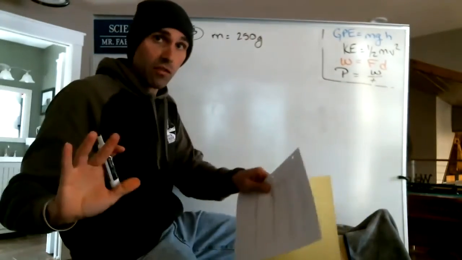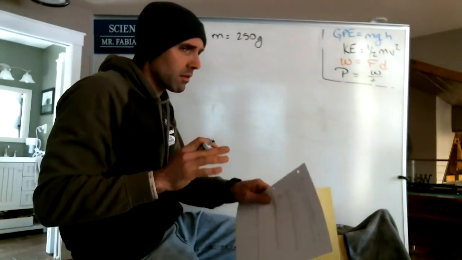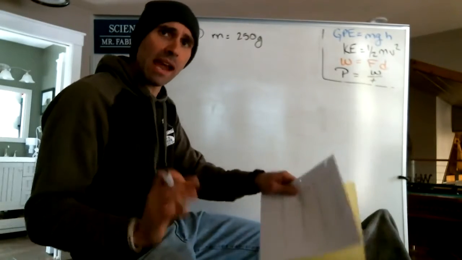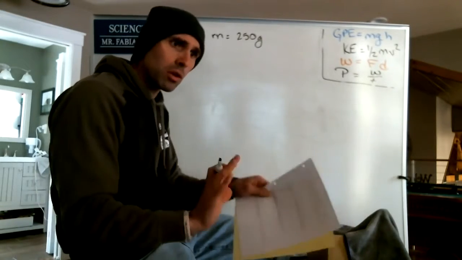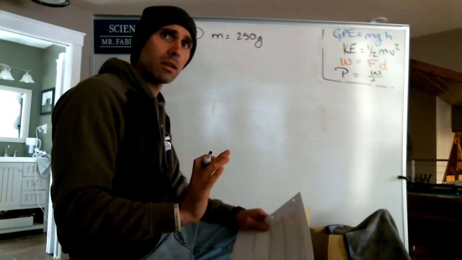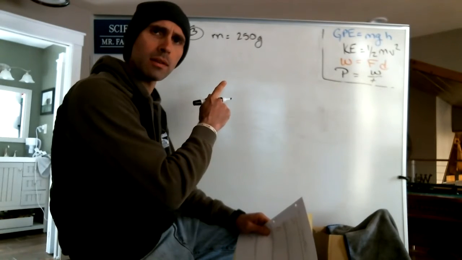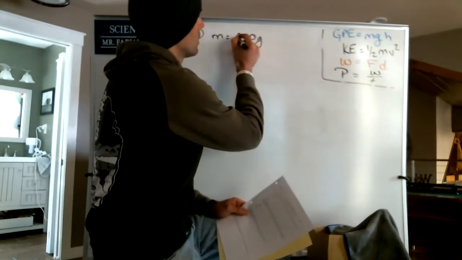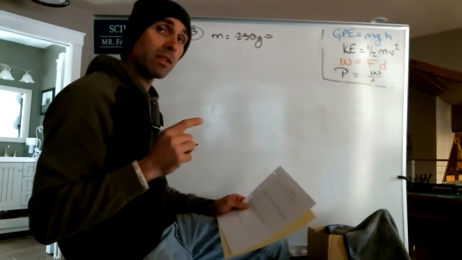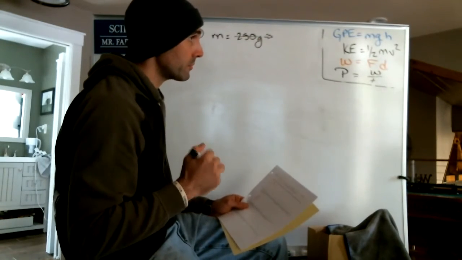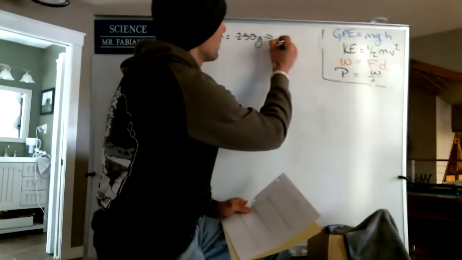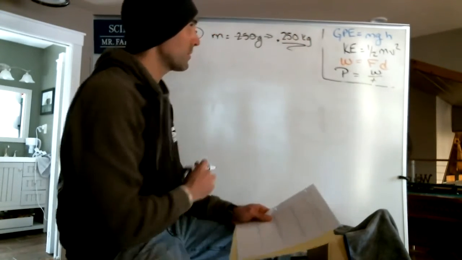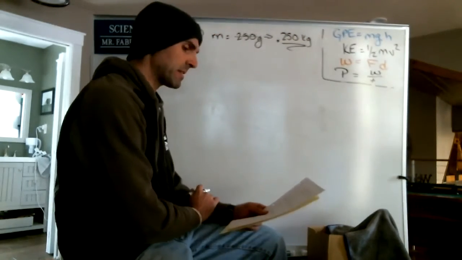That's in grams. We don't want grams, we want kilograms. So we're going to turn this into kilograms by moving the decimal over three times. 0.250 kilograms. Now our mass is safe.